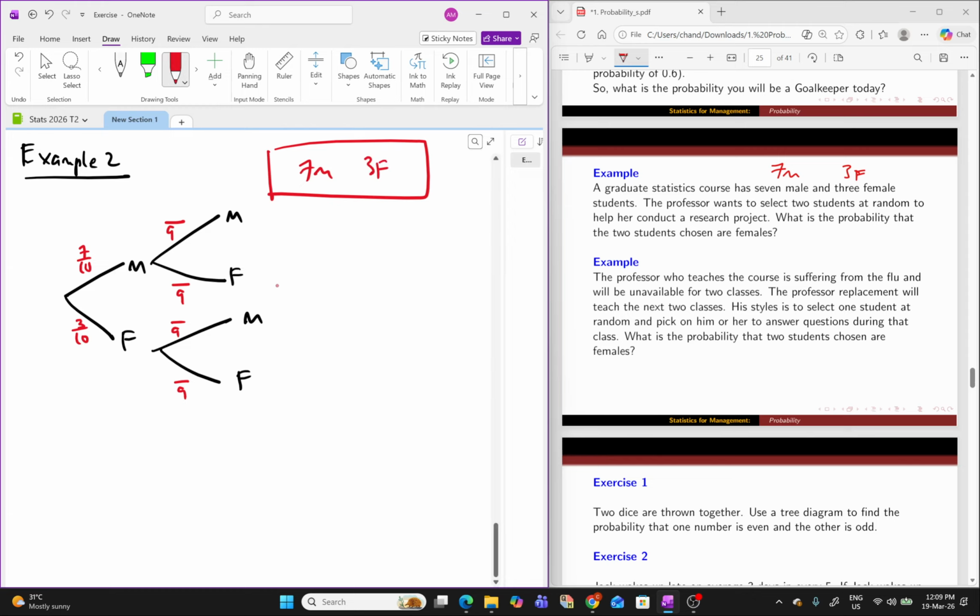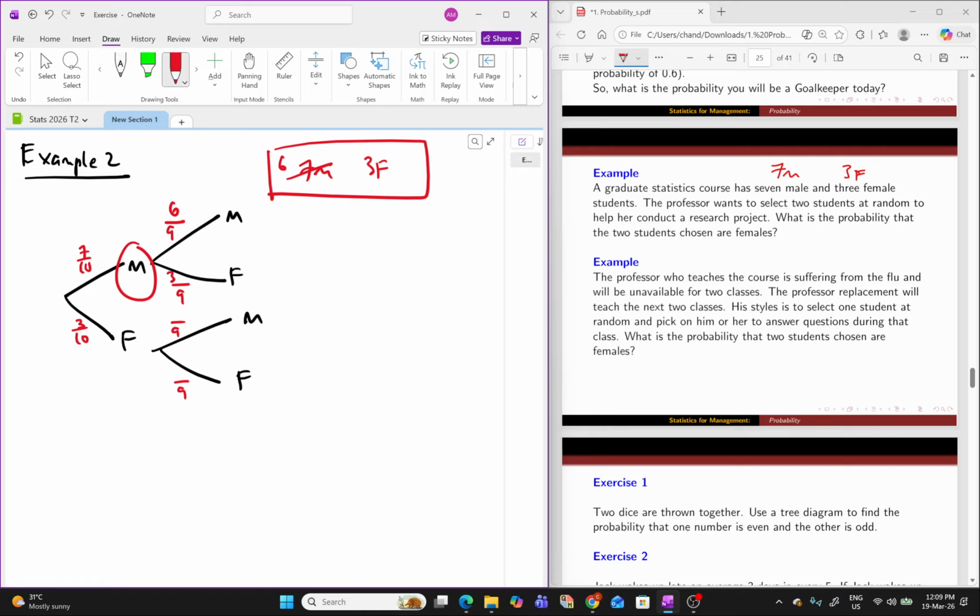Now for the first student, let's say you choose male. When you choose male, one male came out already, left is 6 male. So total is 9 here, that's why I put a 9 here. How many males are there? 6.